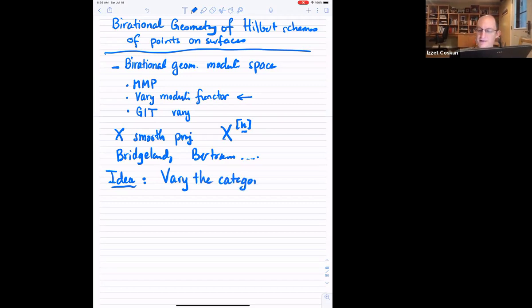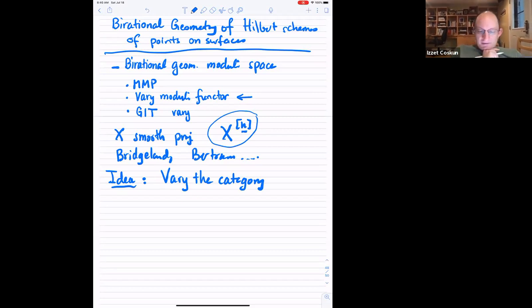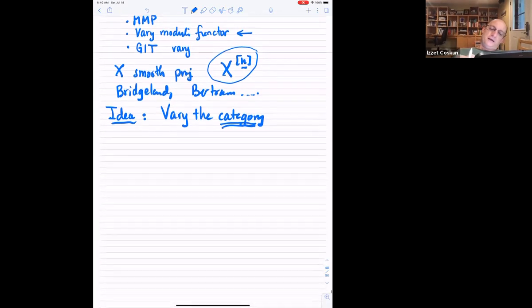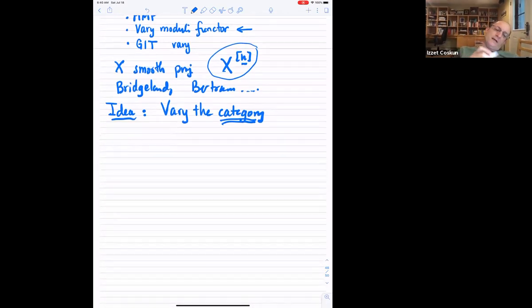The way you should think about this is that this is a moduli space of ideal sheaves of length n. One thing we could vary is the underlying category, the category of sheaves. Bridgeland introduced this idea, so let me introduce it: Bridgeland stability conditions.